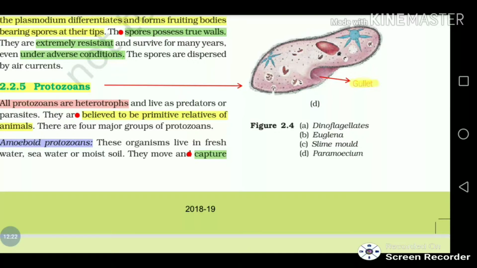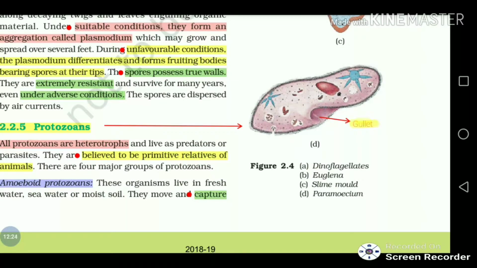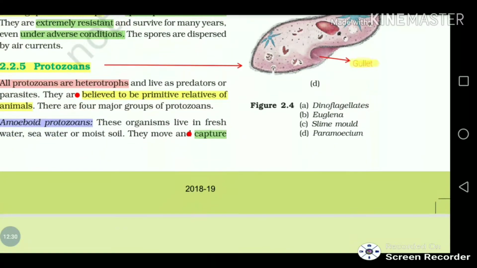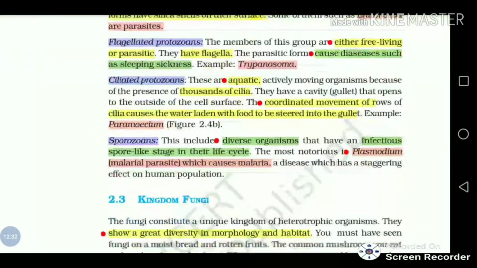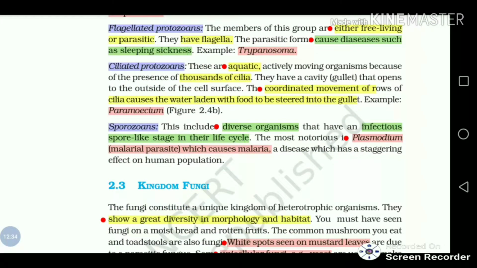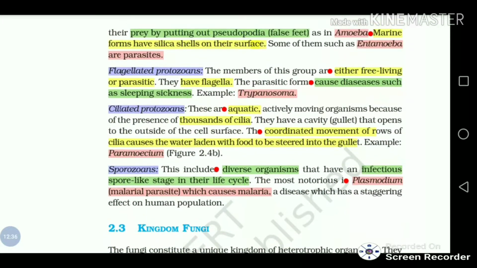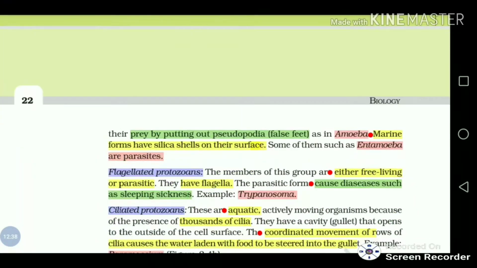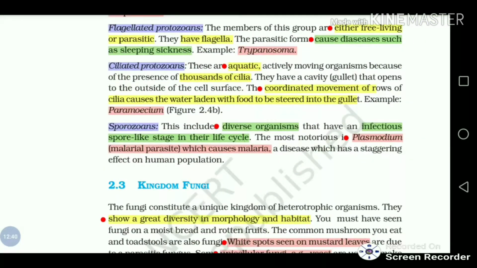You can see in this picture of paramecium the gullet, and there are thousands of cilia around the surface that bring water to it. Then the fourth type of protozoan is the sporozoans.